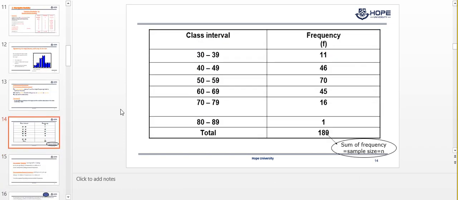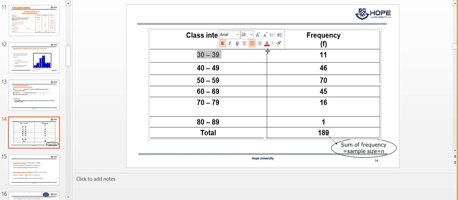Look at this. Now we have more numbers. We make class intervals and we make frequency. For example, the age: if the age is between 30 to 39, we have 11 individuals of that age. If we have age 40 to 49, we have 46 individuals between that age.